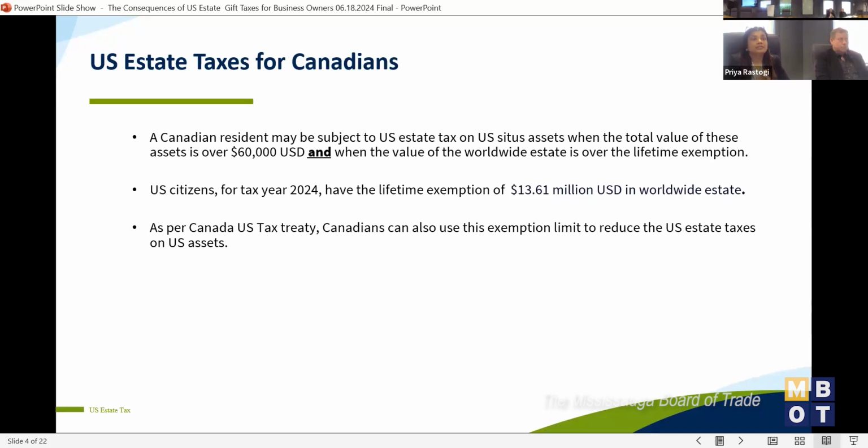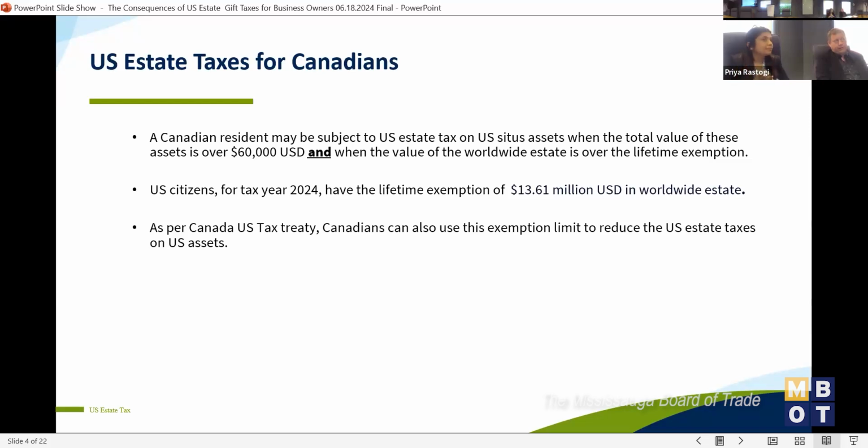If you don't file this return to claim the exemption, then the exemption would be denied and you would have to pay tax at a 40% marginal rate on your US estate. So just keep in mind, whether you are claiming an exemption or whether you owe taxes based on your worldwide estate, you are required to file a US return to claim the treaty position and to pay the additional tax if required.